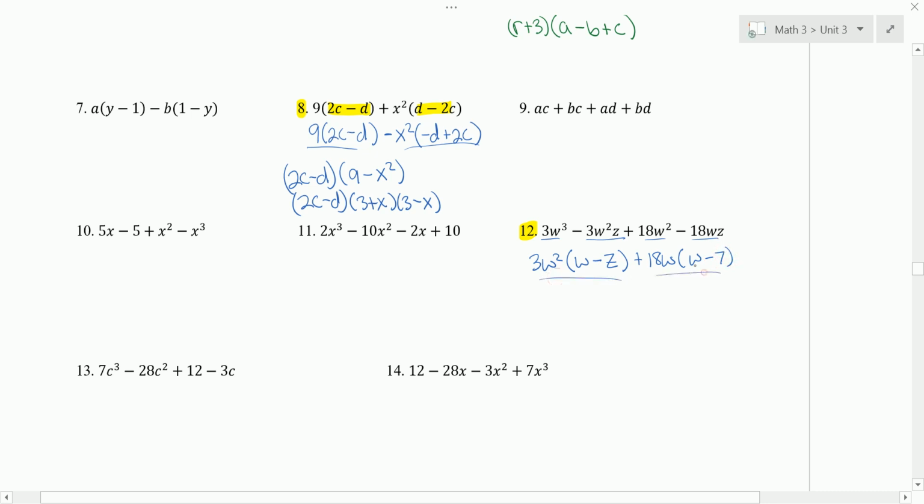Both of these terms have a w minus z. And so if you divide them both by w minus z, you end up with 3w squared plus 18w.